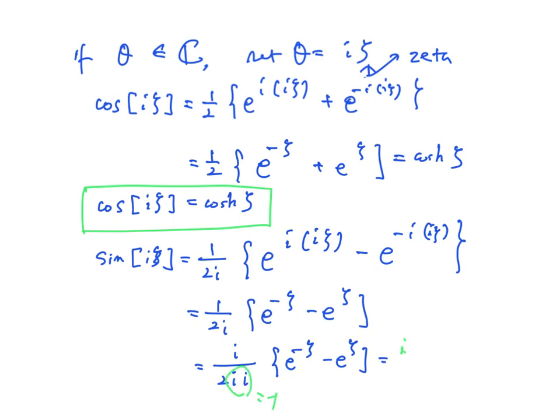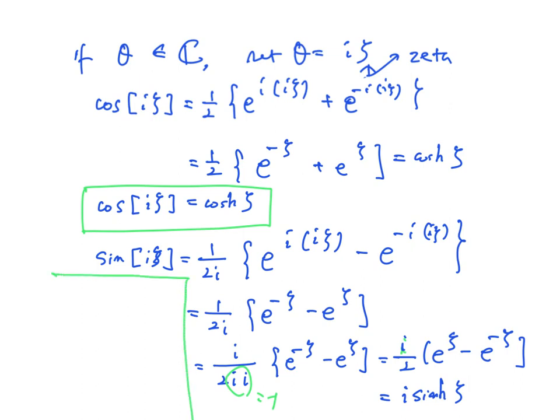So this is i over 2 exponential theta minus exponential minus theta. And this is i sine hyperbolic theta. So another interesting result is sine i theta is i sine hyperbolic theta.